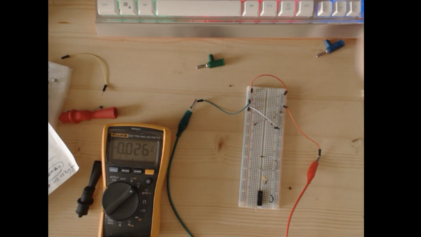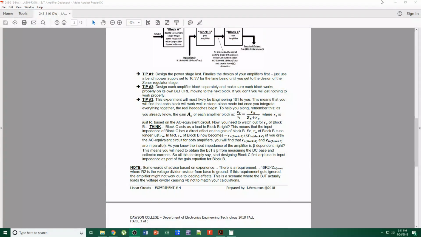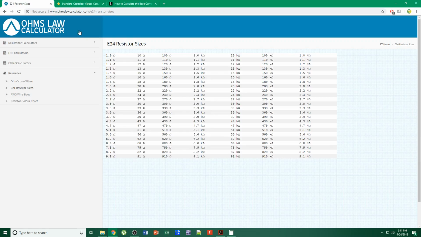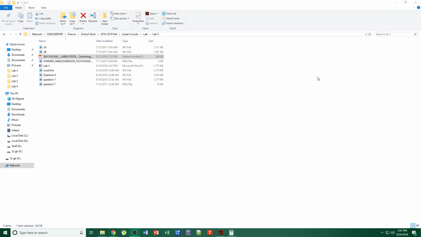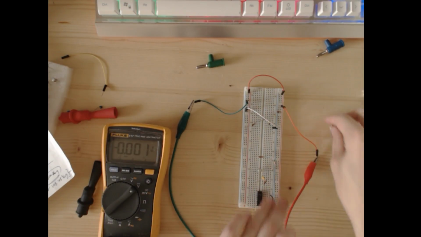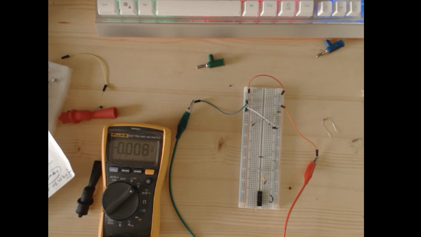So the closest value after 500 is 620 ohms. Our value we calculated was 1.6. So that would be almost perfect. Remove this resistor and go find another one.